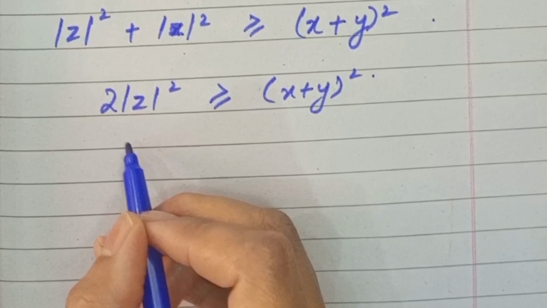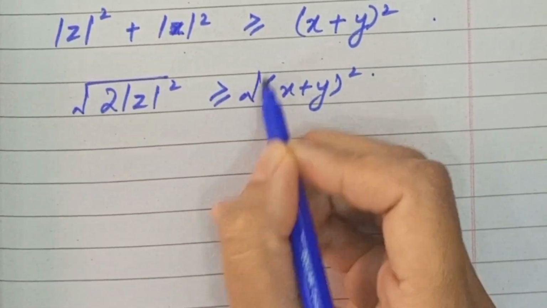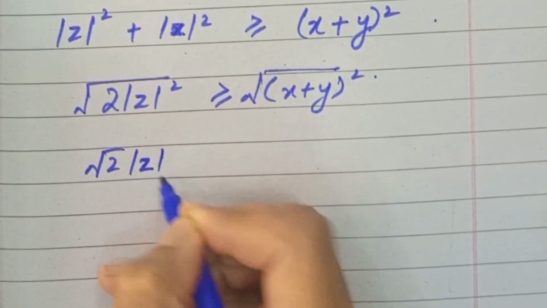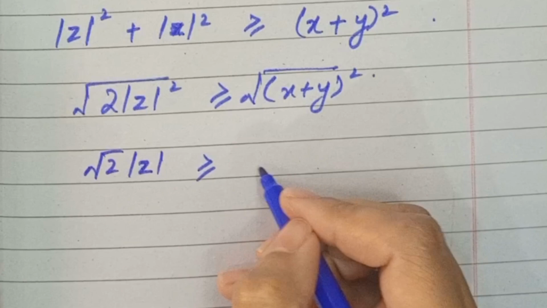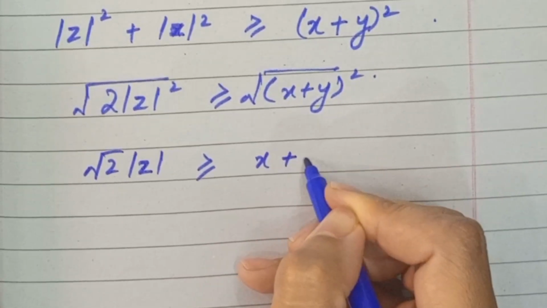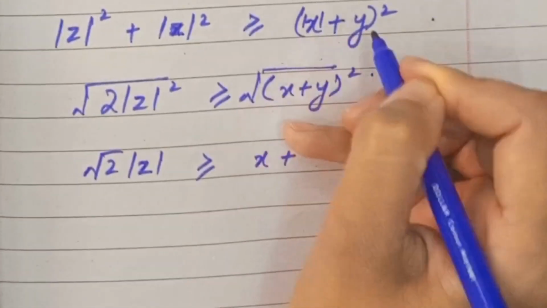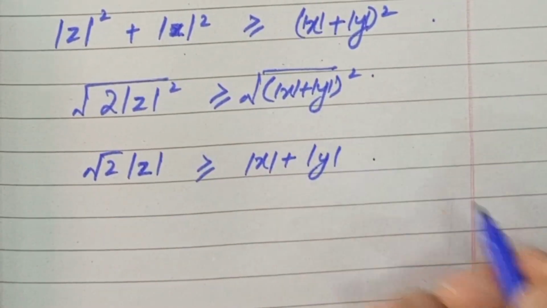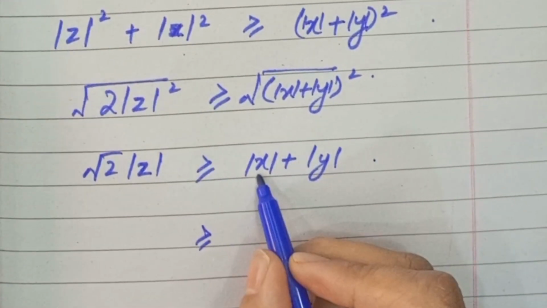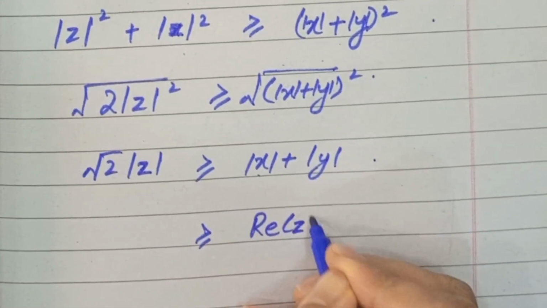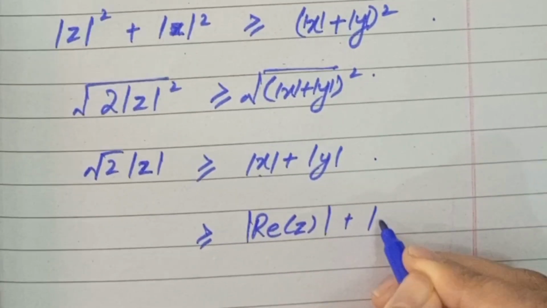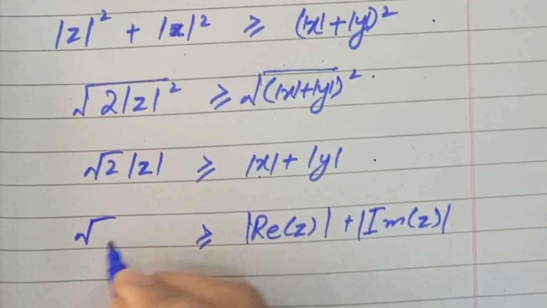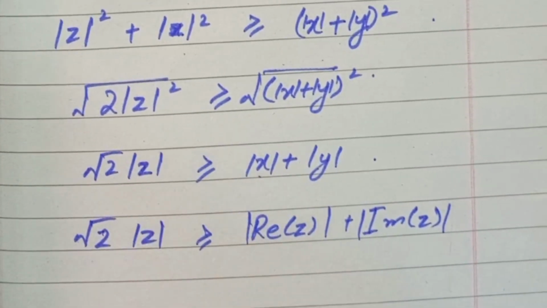Now we will apply square root on both sides. We will get |x| + |y|, so this is x + y, and you know that x is the real part of z and y is the imaginary part of z. So this has proved the identity.